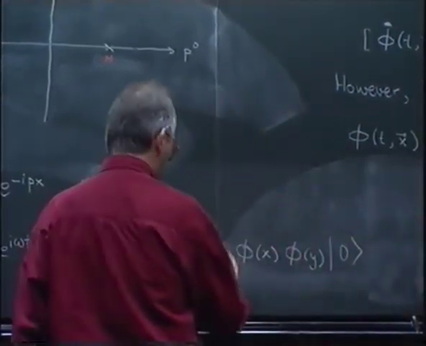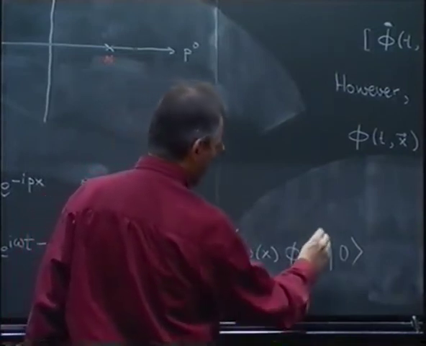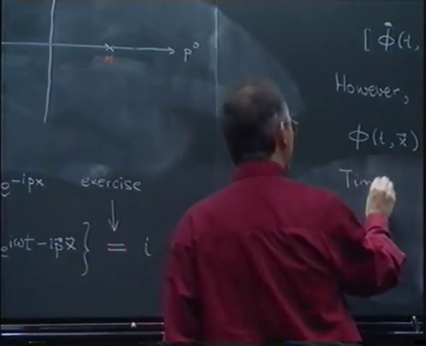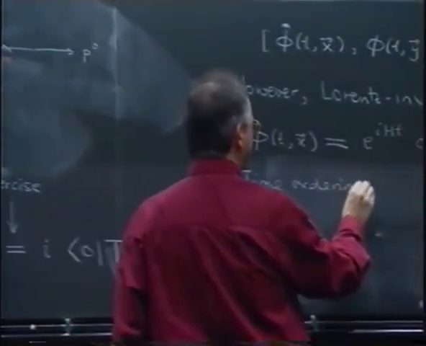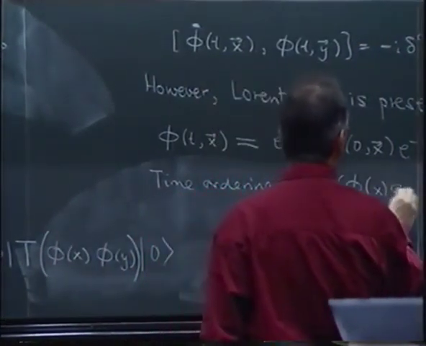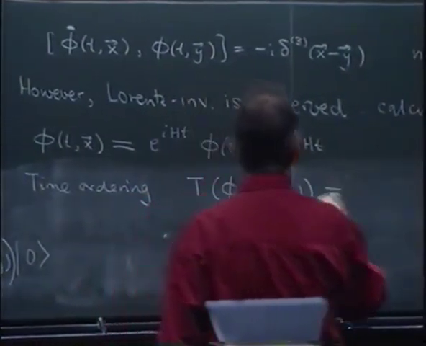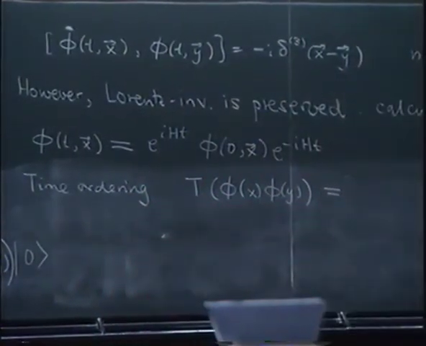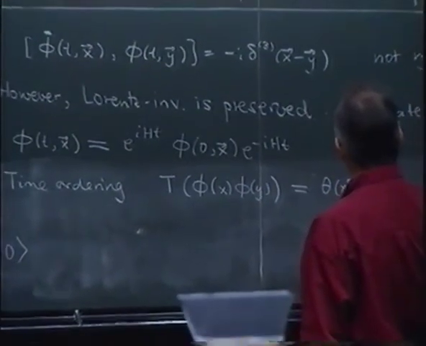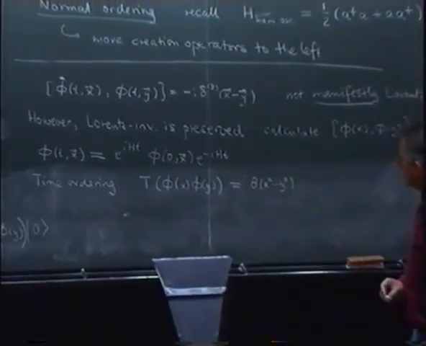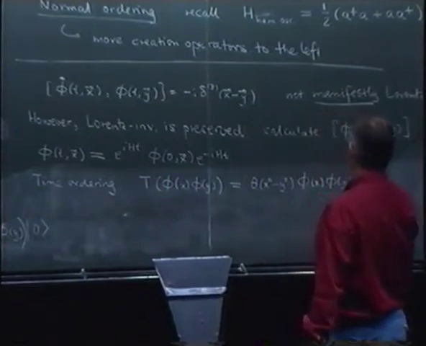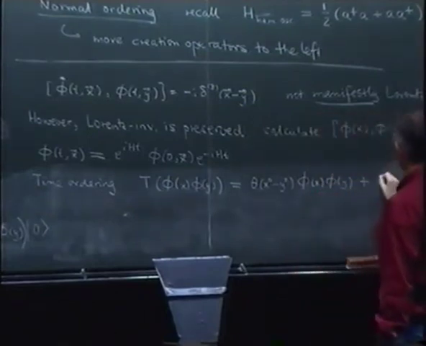Rather, we have to introduce an additional modification here, a so-called time ordering prescription. Time ordering means that we order the operators in the order of the time arguments, such that if the x time component is bigger than the y time component, we write it like this. Or if it's the other way around, we write it in the other order.